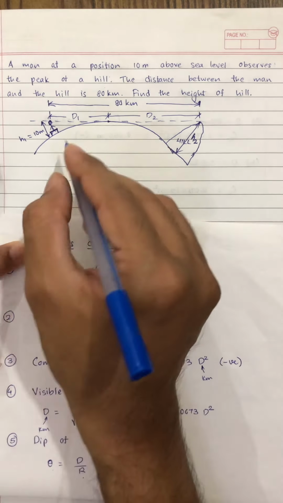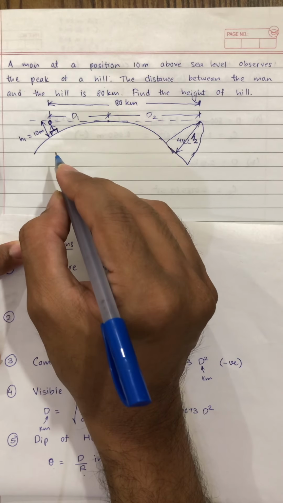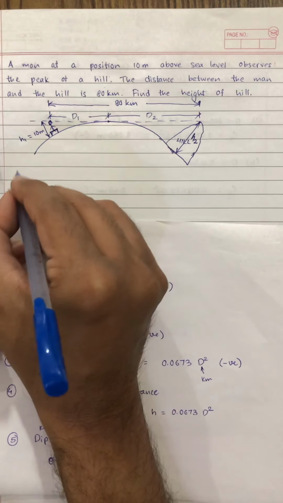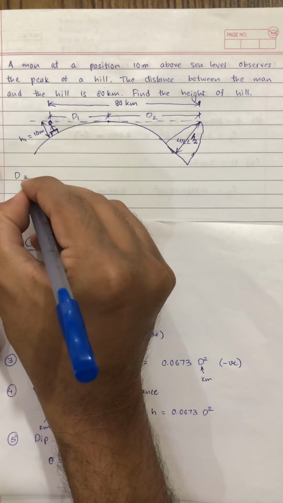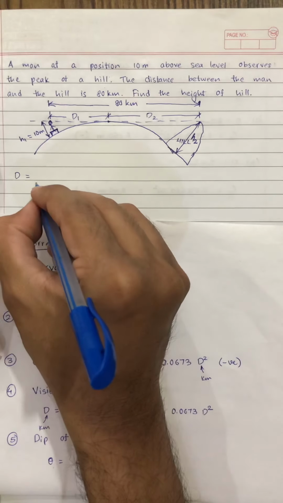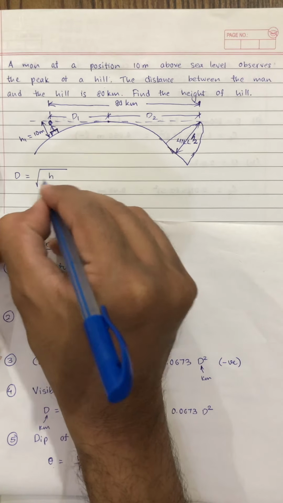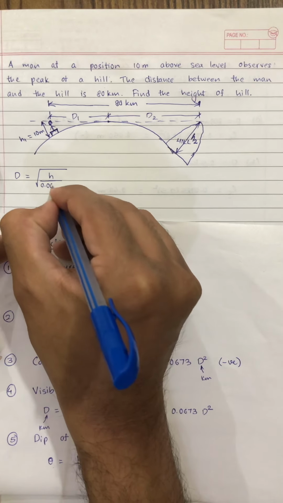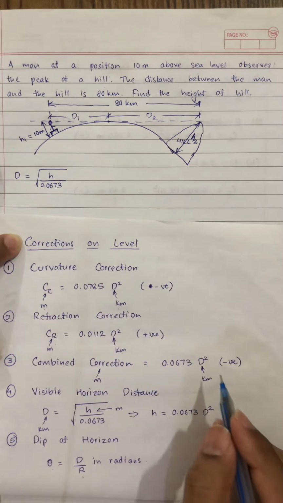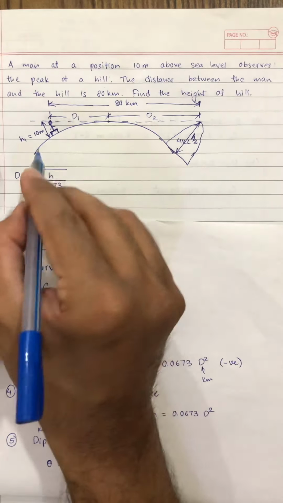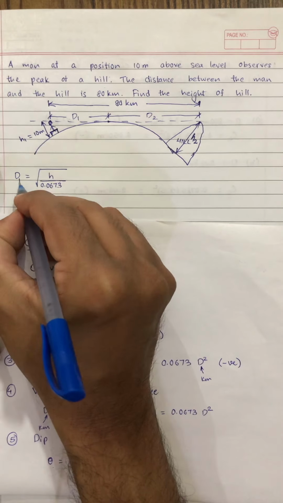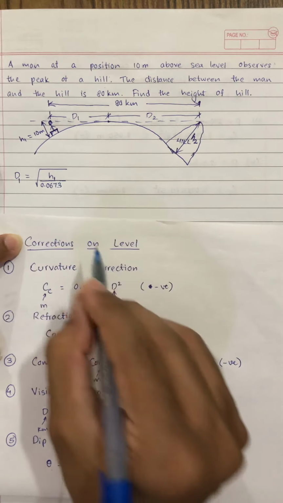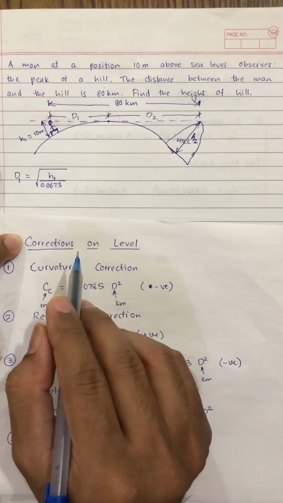So if we apply this formula, we get that d is equal to under root of h upon 0.0673. If we need to find d1, d1 will be equal to under root of h1 upon 0.0673.